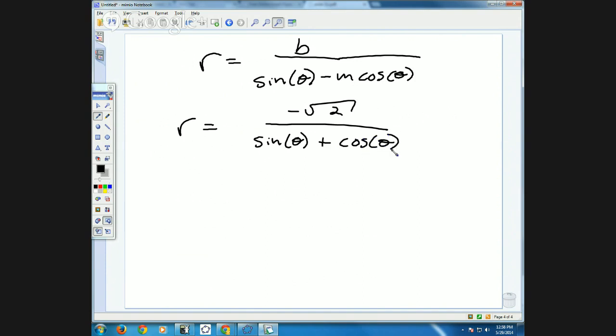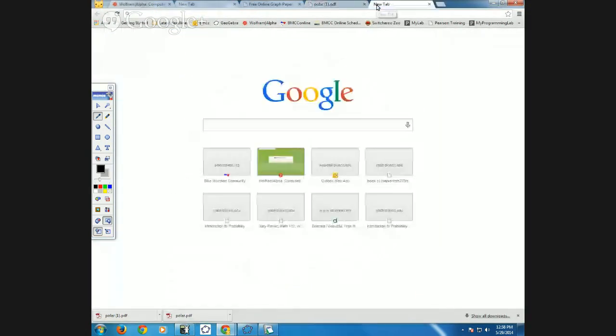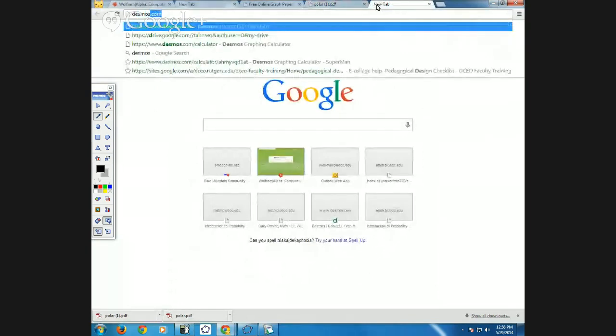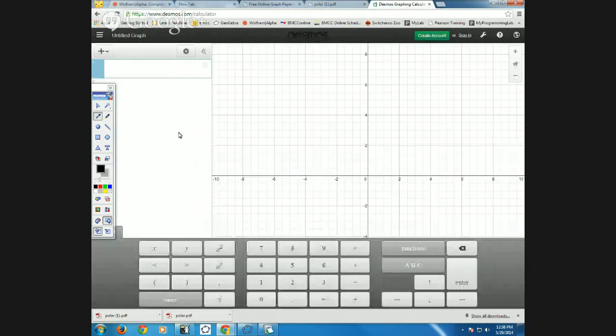So let's graph that and see if it actually looks perpendicular, tangent to my curve. You can use the TI. I prefer the Desmos calculator for these. Let's see if I can get to that here. So my original function is the sine of 2 theta.